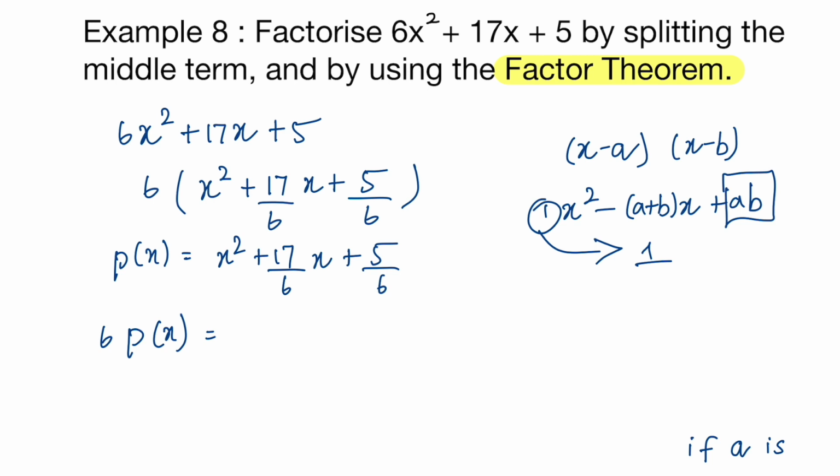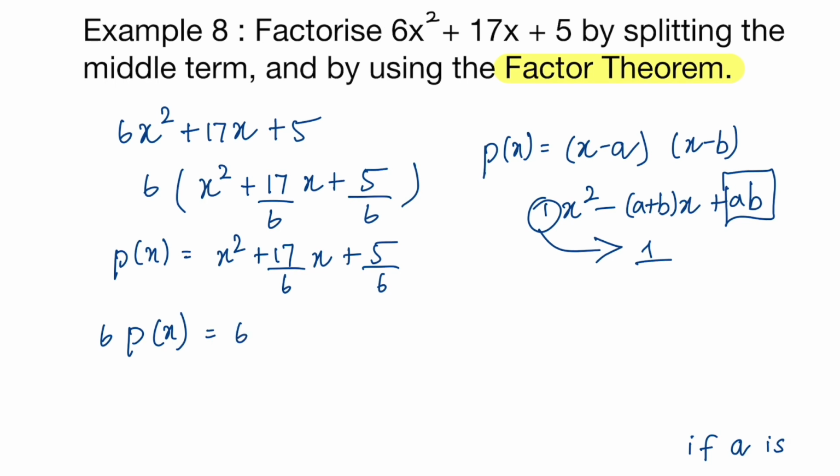We have already seen that x squared minus (a plus b) into x plus ab is factorized as (x minus a) into (x minus b). So instead of p of x, you can write it as 6 into (x minus a) into (x minus b), because this is the factorized form and this is what they want as the answer.